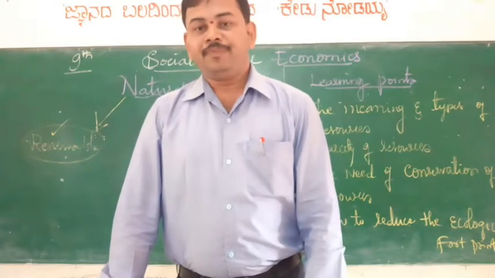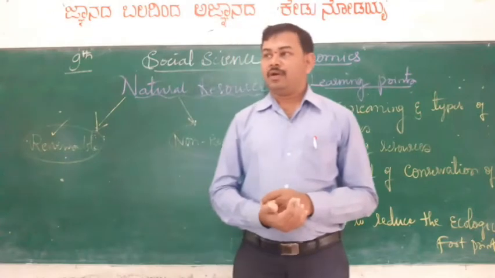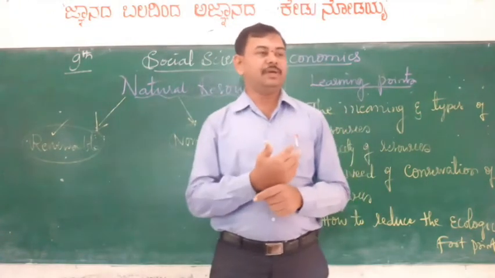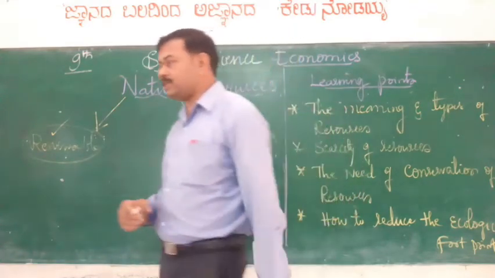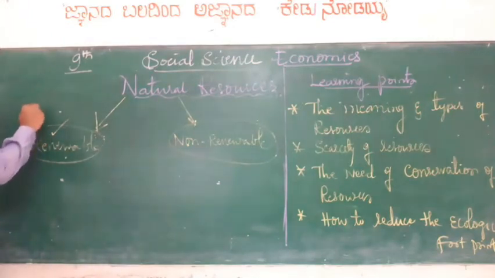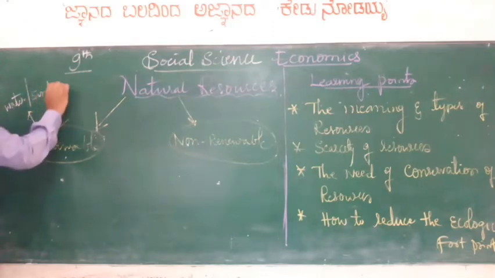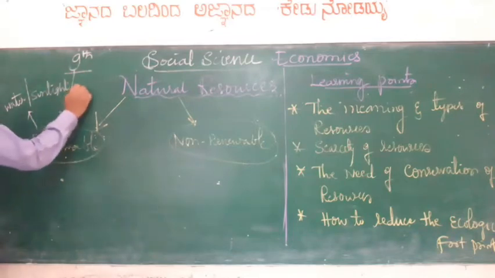Water, land, forests, air, sunlight and heat are some of the best examples of renewable resources. Dear students, what are the renewable resources? Come again. First thing, water, then sunlight, then air.